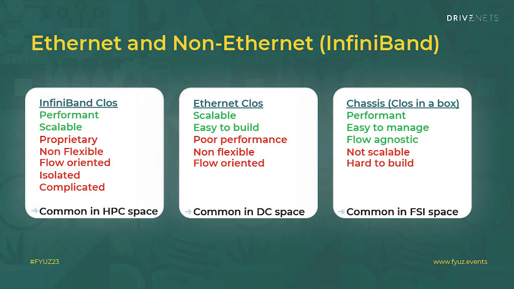Chassis are very common in the financial market. They definitely have the performance. Everybody is used to working with chassis and router, but the scalability is just not there. It's limited by a physical chassis that doesn't allow it to scale to the numbers that we were talking about.